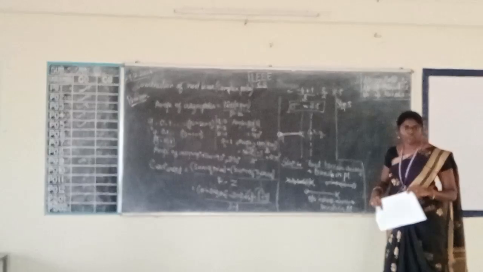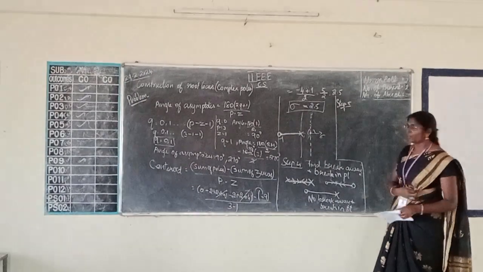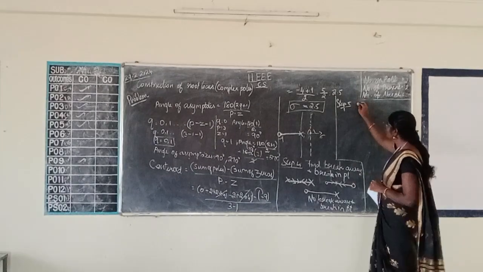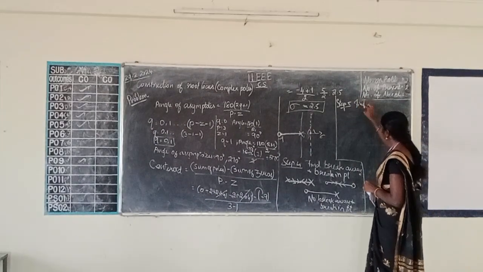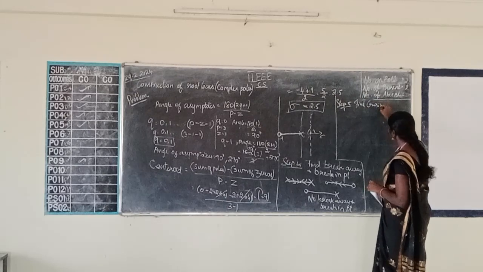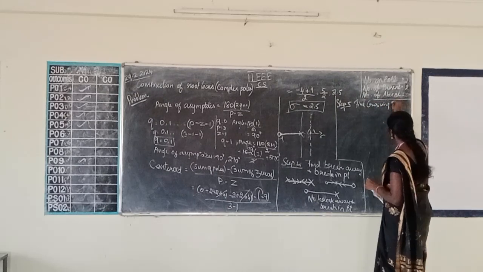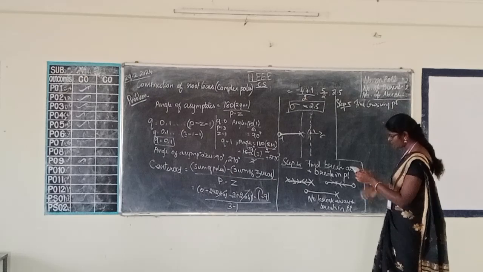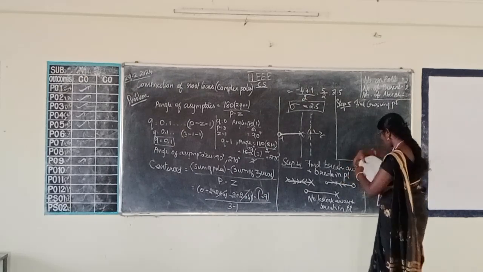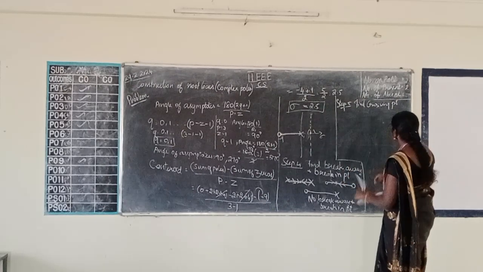That is, you have to find the characteristic equation. Step 5 is finding the crossing point.